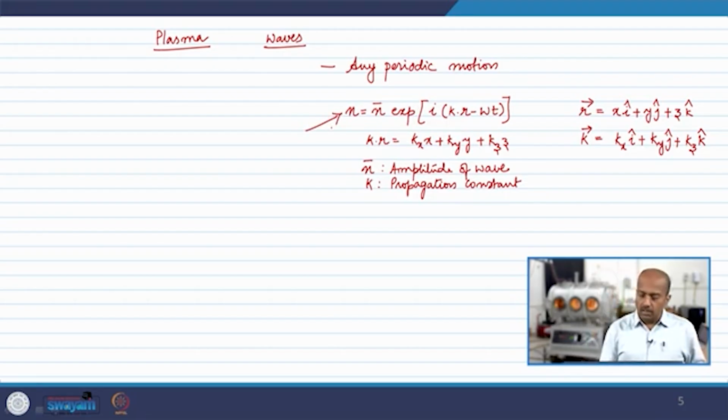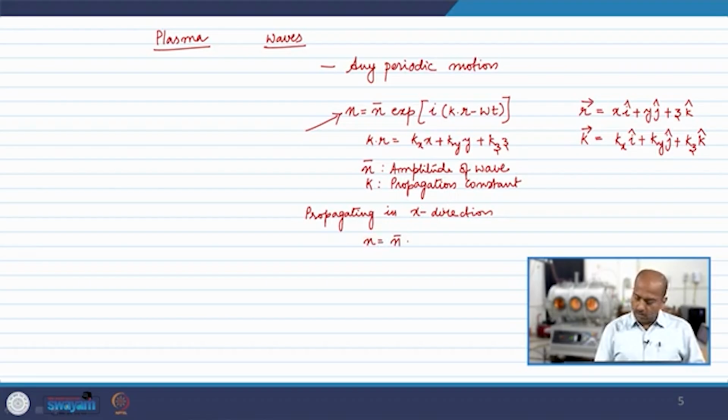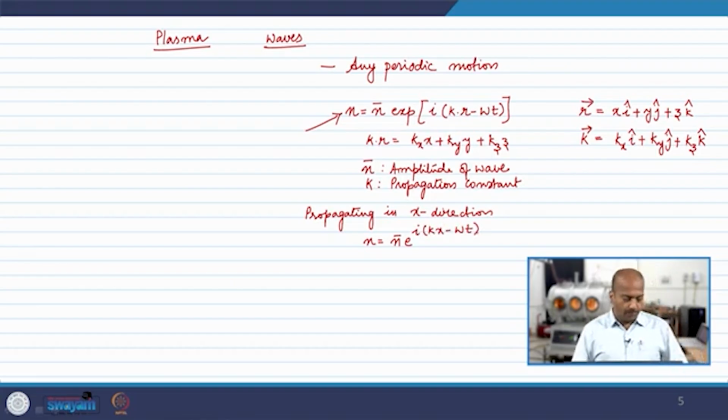Let us consider a wave propagating in the x direction. It can be written as n equals n bar e to the power of i (k x minus omega t).